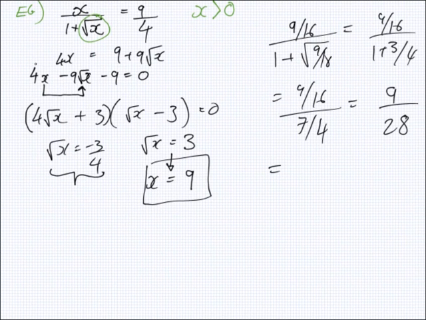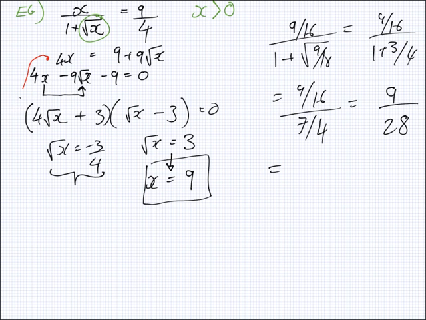So if I take it from here and square, I get 16x squared. Actually, I'll take the 9 to the left first to make it a little easier. 4x minus 9 equals 9 root x.